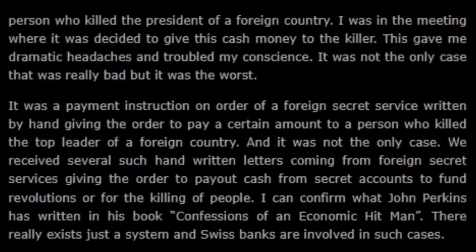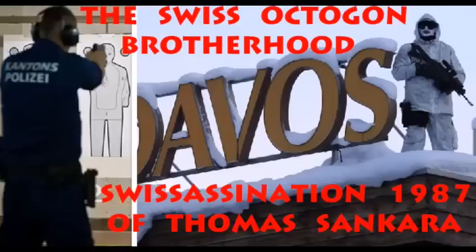And it was not the only case. So, yeah, I'll tell you who the president of that foreign country was. The African president murdered by the Swiss Oktogon Brotherhood was Thomas Sankara from Burkina Faso in 1987.